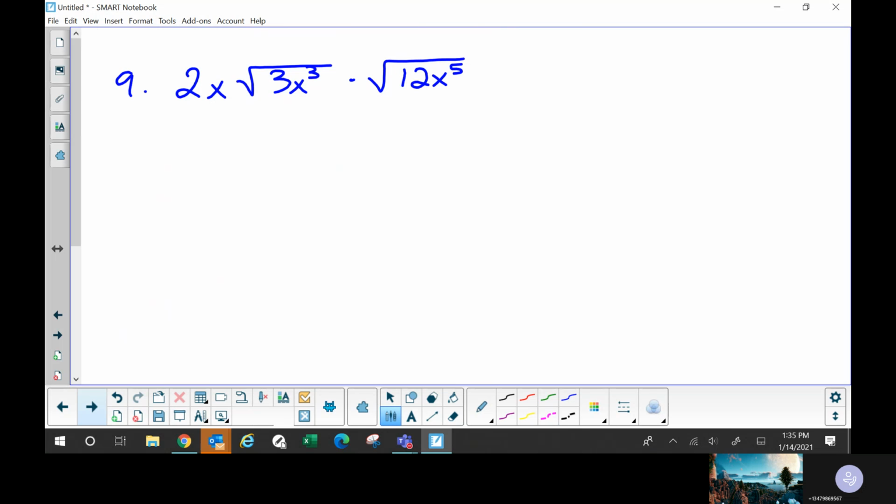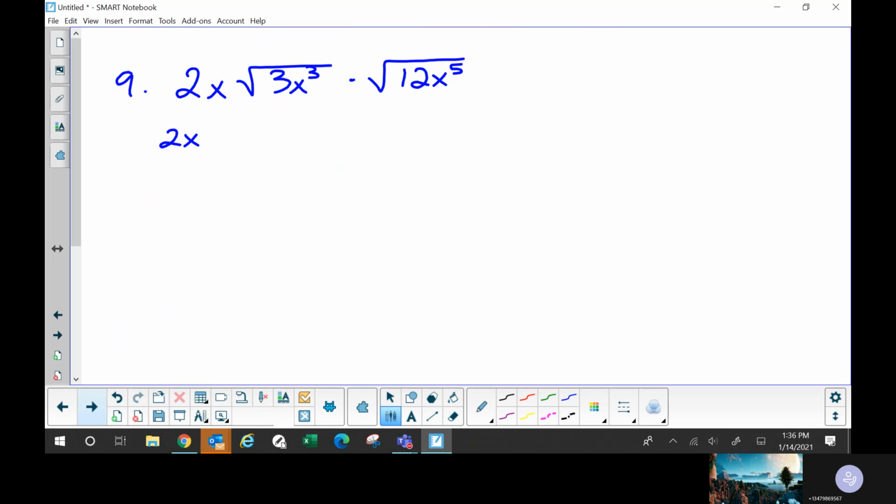I like to revert back to my Algebra 1 days, and when we did radicals in Algebra 1, when you're multiplying, you multiply what's on the outside with what's on the outside, and then what's on the inside of the radical, you can multiply on the inside of another radical. So I'm going to keep that 2x on the outside. On the inside, I can multiply 3x cubed times 12x to the fifth.